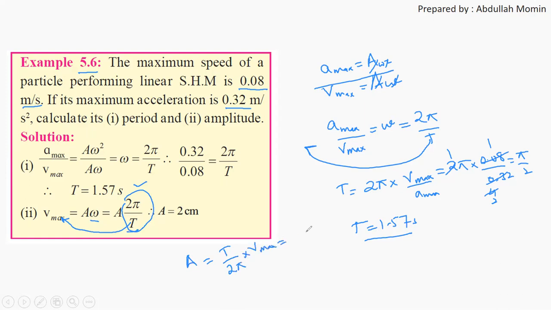We have the value of T, that is 1.57, that is pi by 2, into 0.08. After solving this you will get 2 centimeter.